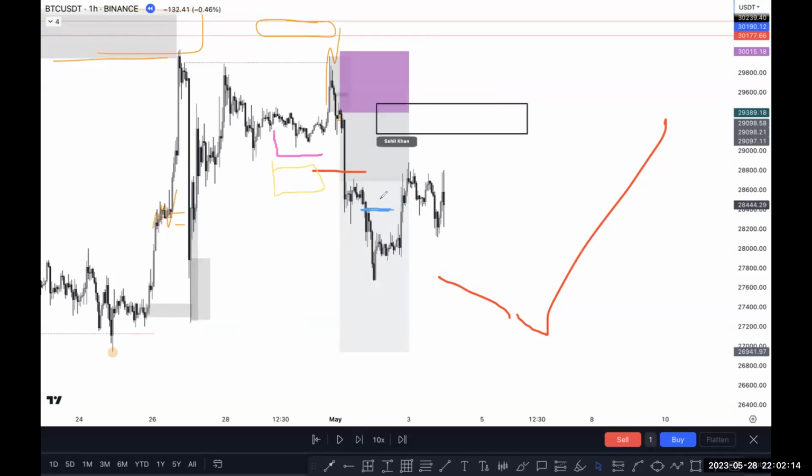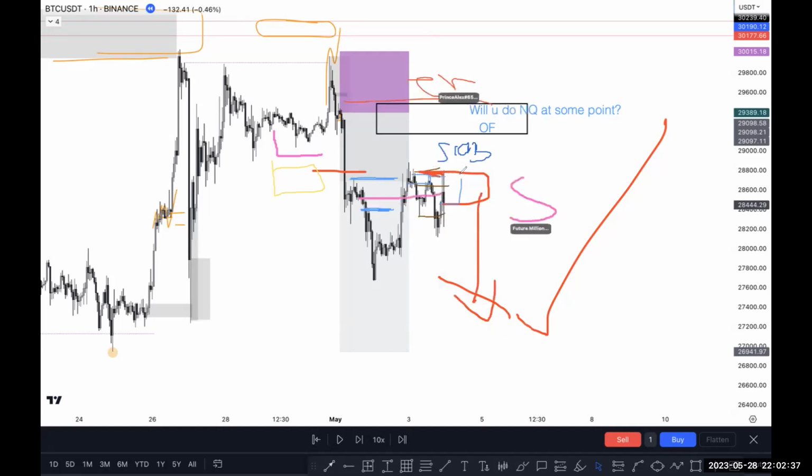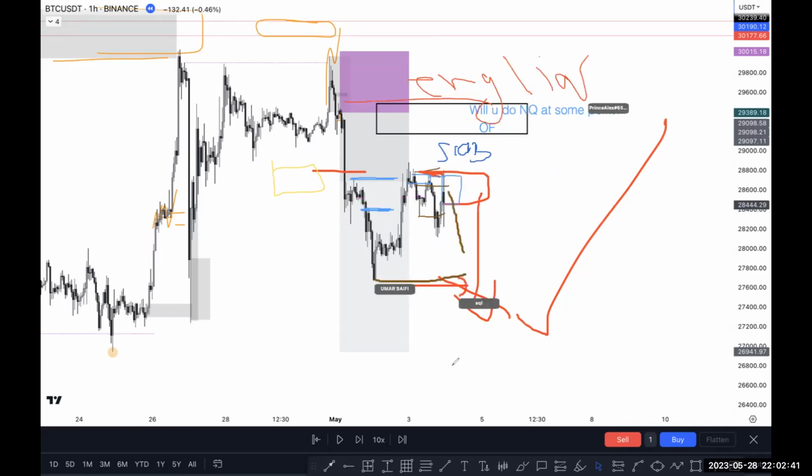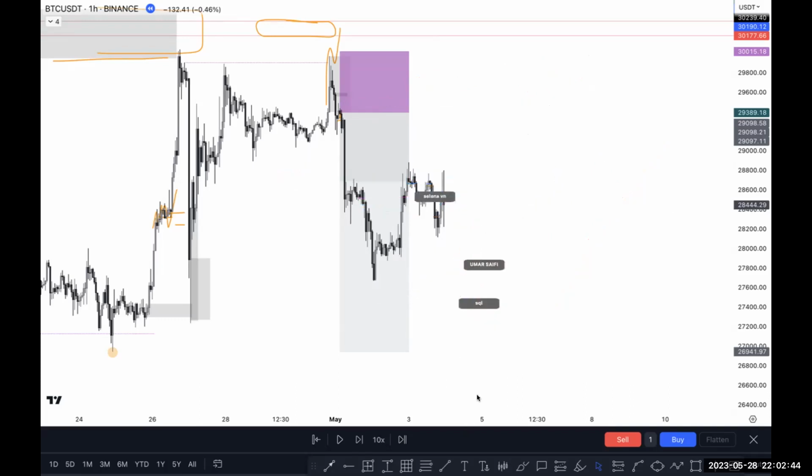If there is any unmitigated order block, no, everything is mitigated here, right? Just avoid, everything is mitigated. So this is zero liquidity, you can say. Taken out the liquidity, single candle order block mitigation, sell again, create a single candle, and you can sell here, right?